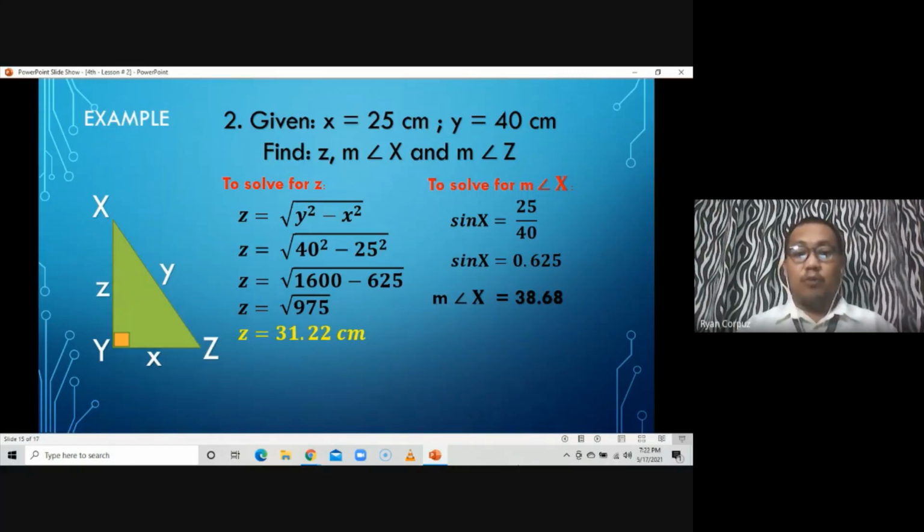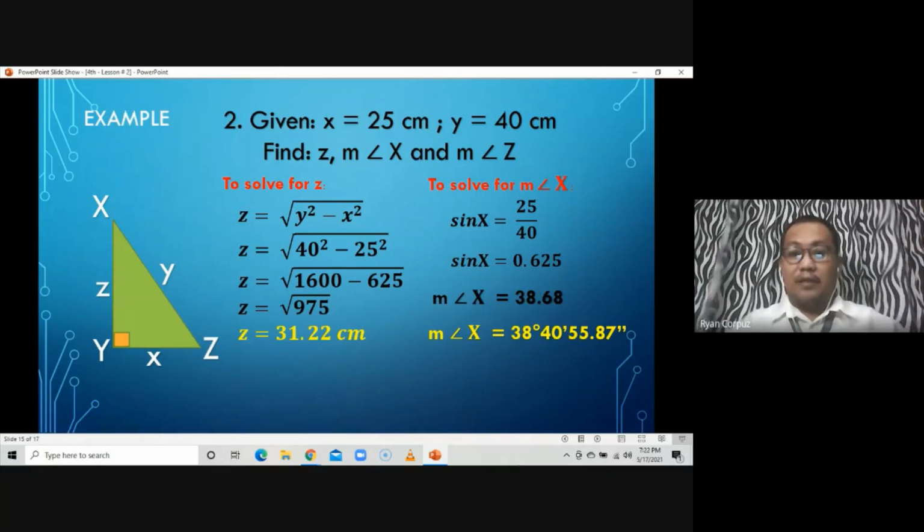So, pag pindut mo yon, yung 38.68, magiging ang measure ng angle x natin is equal to 38 degrees, 40 minutes, and 55.87 seconds. Di ba sabi natin when we discuss lesson number 1, na may conversion dun, in degrees, minutes, and seconds.